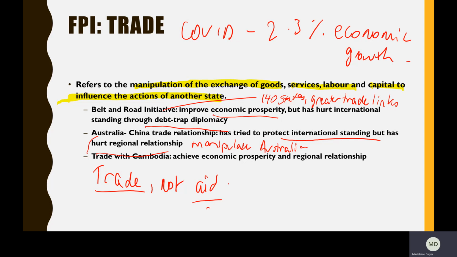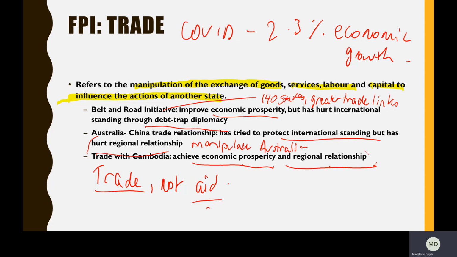So China's use of trade has obviously helped achieve economic prosperity for both, and has also helped influence the actions of another state, because now they have a good regional relationship. So trade obviously boosts economic prosperity, but has also influenced the actions of a state, as in Cambodia, to help boost a regional relationship.